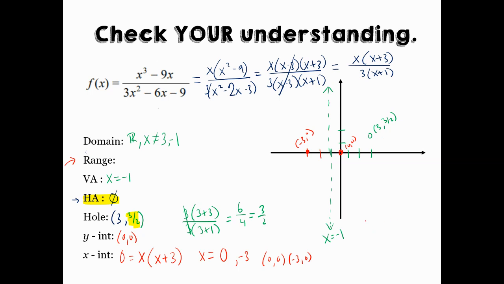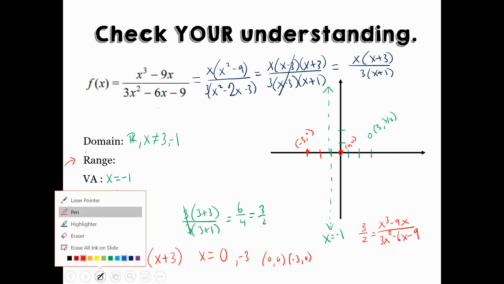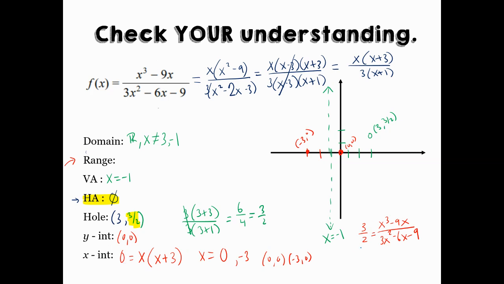And if so, where? So I'm going to take my equation and set it equal to 3/2. And now I'm going to solve it. I'm going to use that method of cross multiplying because I think that's a little quicker for me, but we'll see.